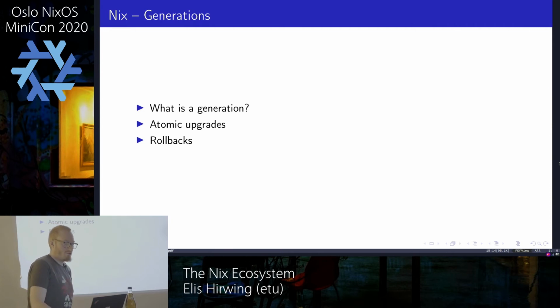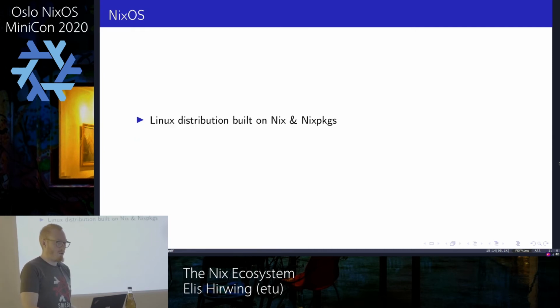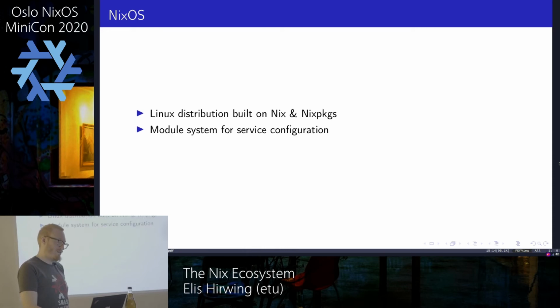But using these superpowers that Nix, the package manager, gives us, some very smart people went together to build NixOS, which is a Linux distribution built on Nix and Nixpkgs. The main difference between NixOS and Nix is that NixOS comes with a module system for service configuration.